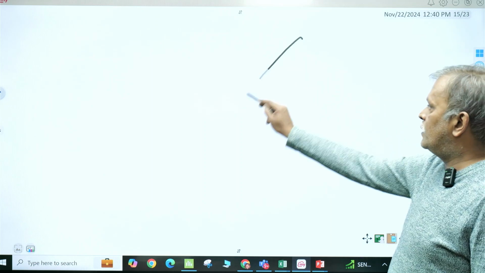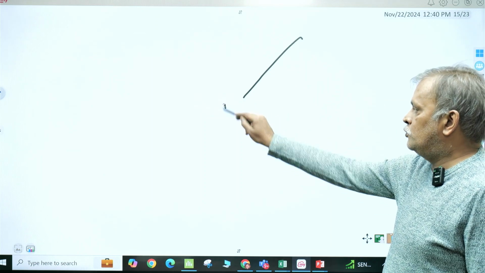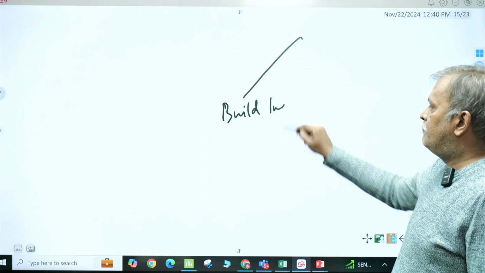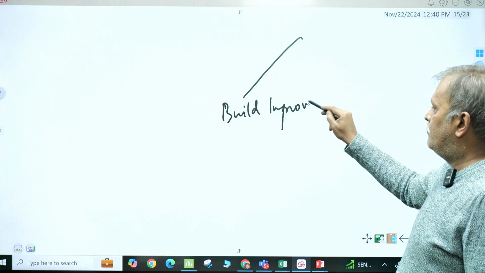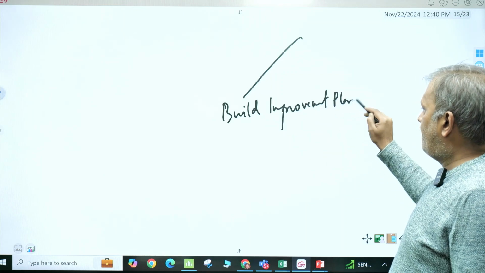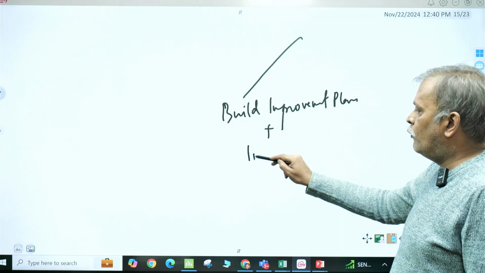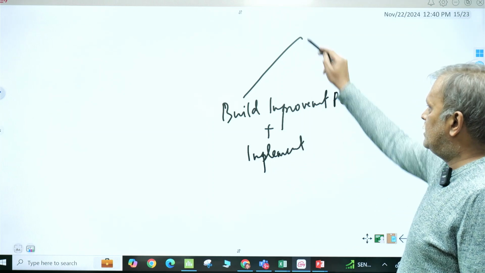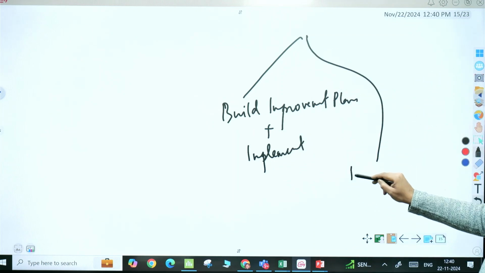So once you've identified what are your root causes, you will build your improvement plan. And you implement that plan. Hopefully this will result in improvement.